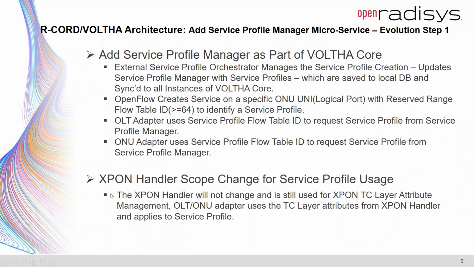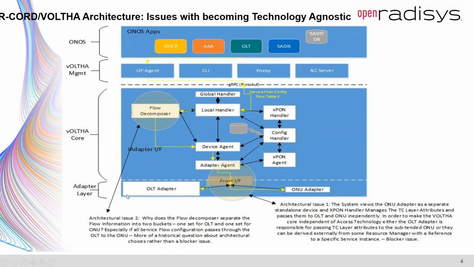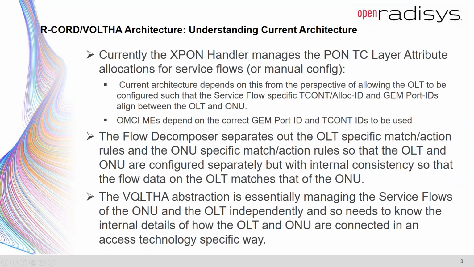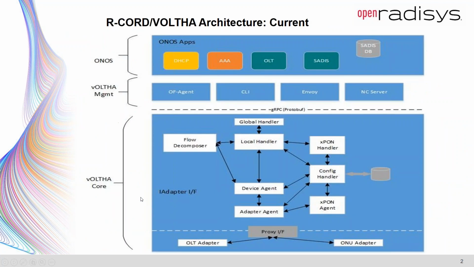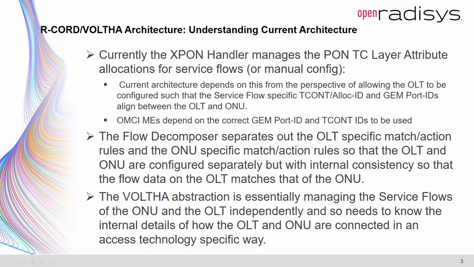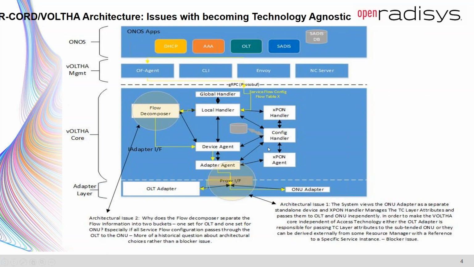So that's pretty much what I wanted to talk about today: can we agree on the current model for the abstraction of the Volta core? Is it going to be purely an OpenFlow abstraction where we try and remove any access-specific technologies?